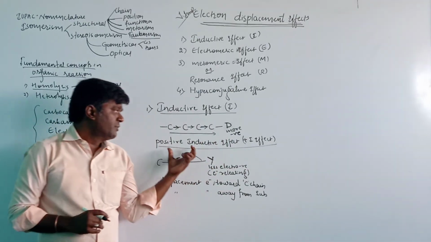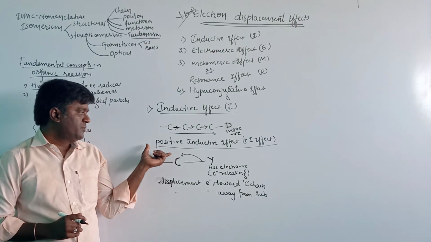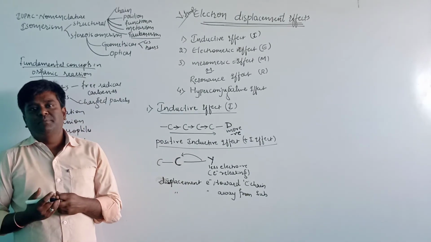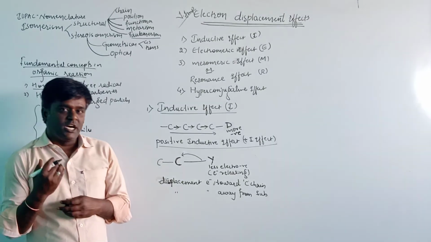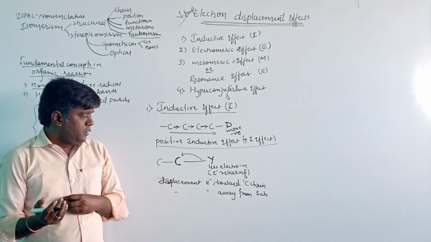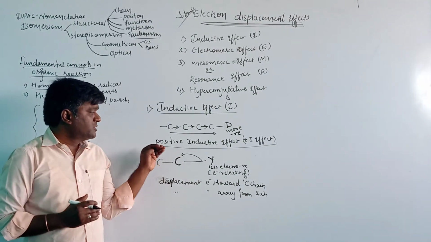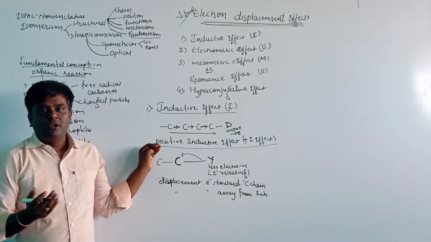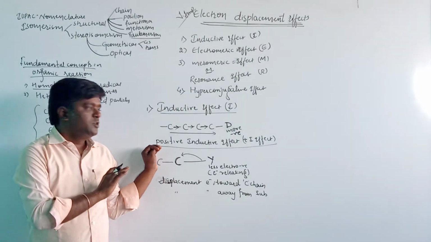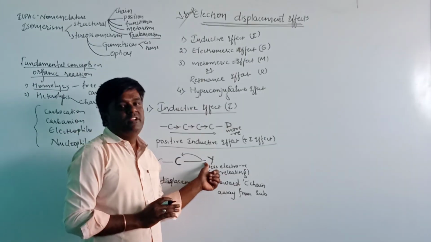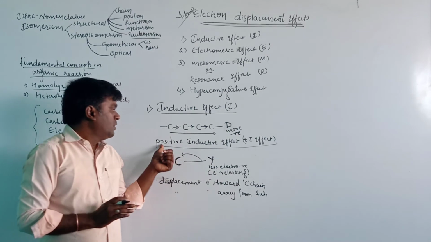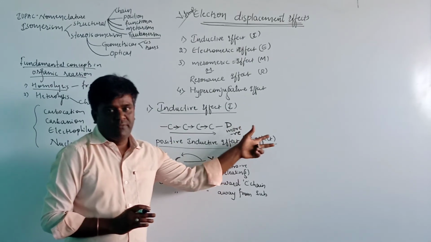Once again I will tell the definition for the positive inductive effect. The permanent displacement of electrons takes place towards the carbon chain due to the presence of an electron releasing group, that is known as the positive inductive effect.